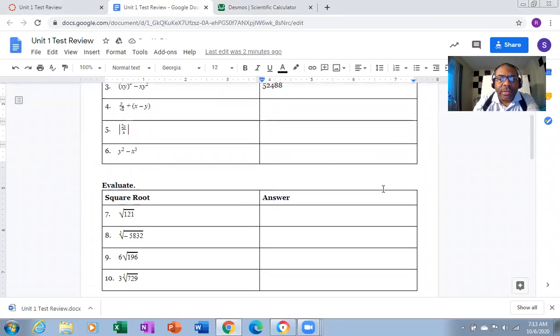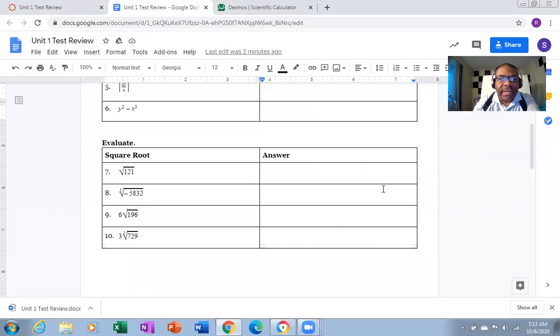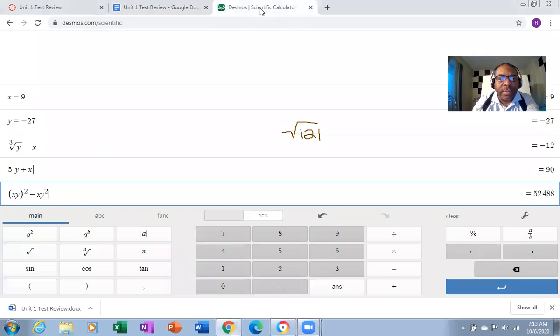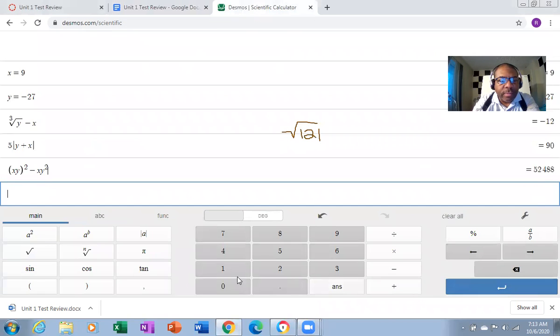Let's hop on down to number 7. Number 7 says the square root of 121. I'm just going to do one of these problems. Go to Desmos, and we're just going to click this button right here.